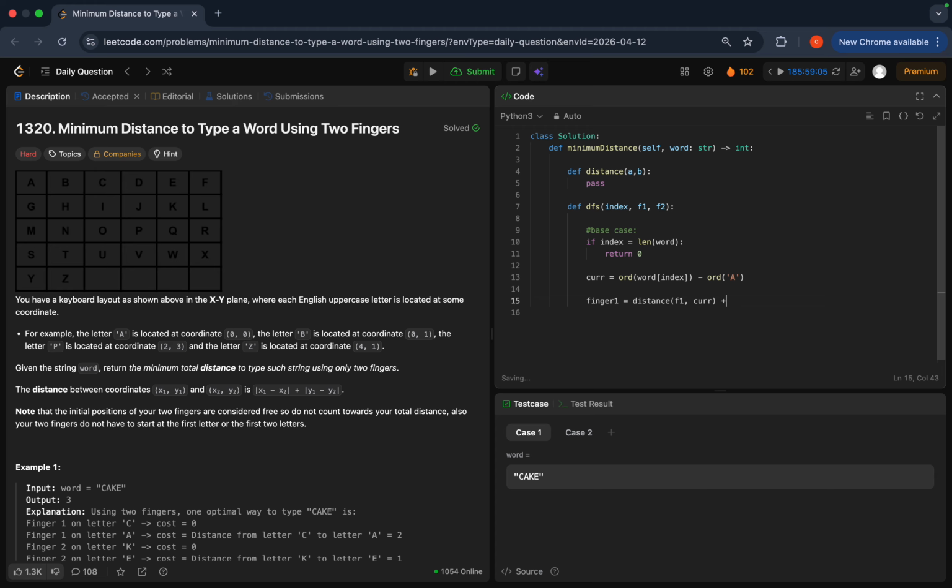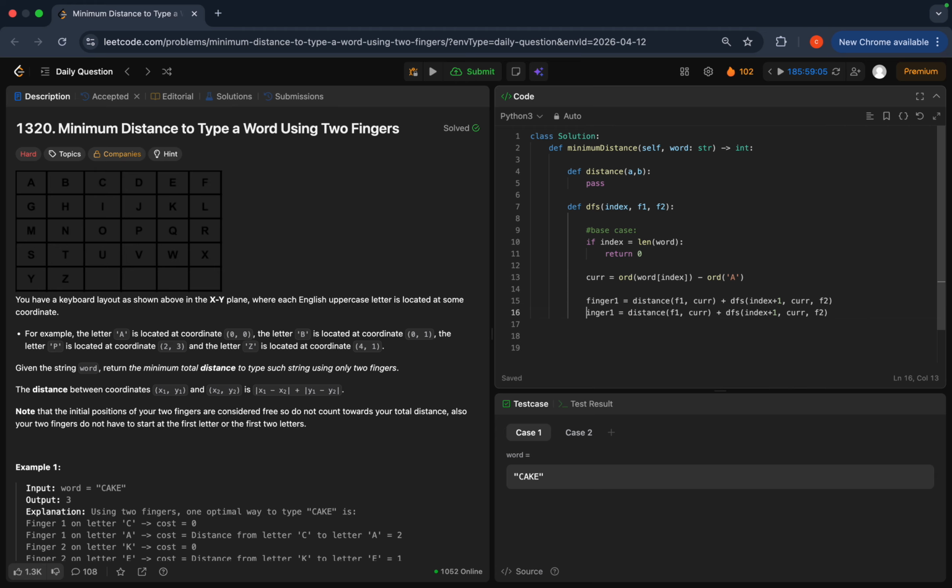This is added with DFS, where we pass in index plus 1, because we are incrementing and moving to the next position. So index plus 1, and current will be the finger 1, and finger 2. So we will copy the same.